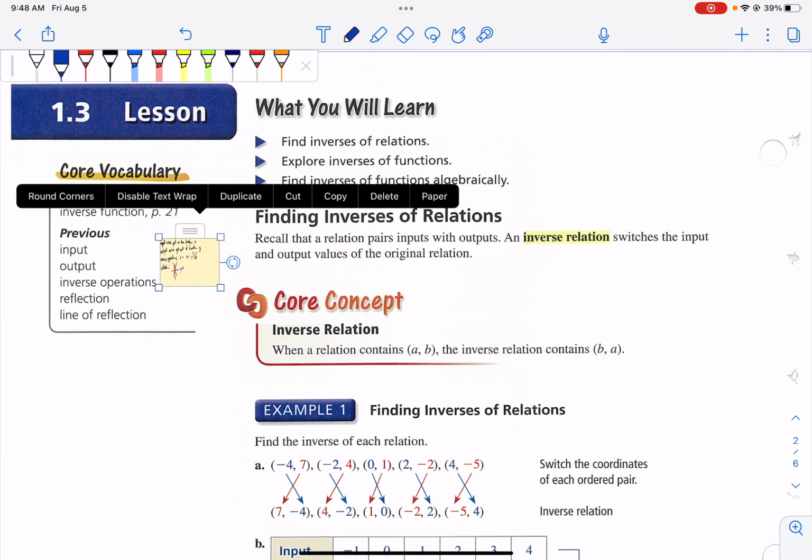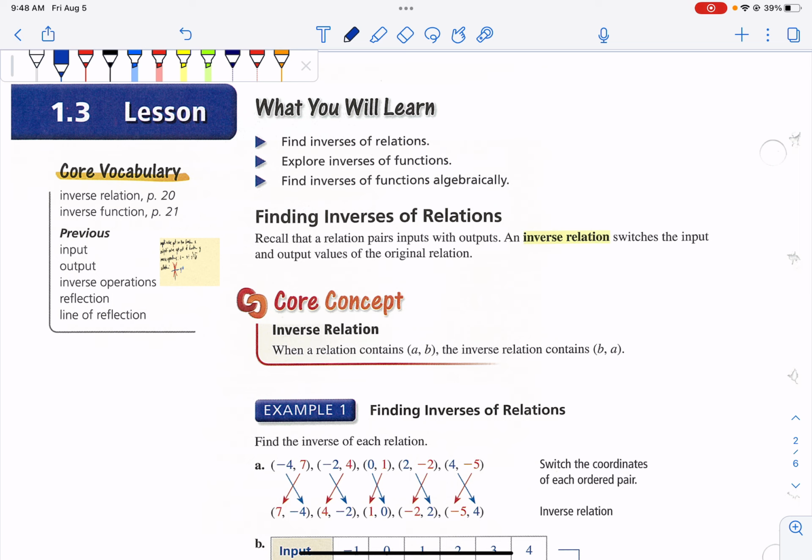Okay, so moving on, finding inverses of relations. So remember that relation pairs, we talked about inputs with outputs. So an X is paired with a Y. Now an inverse relation switches the input and output values of the original relation. So there's a little bold thing right here that I would like you to add to your notes, okay?